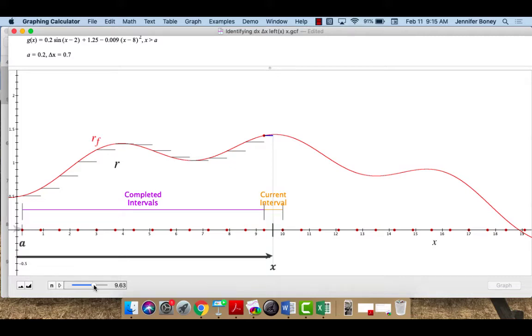I'd use the rate from the left side of that interval, just like you use the rate from the left side of every interval. And then I'm going to use each of those rates, except for the last one, for 0.7 units. So I multiply each rate times 0.7, and for all the completed intervals, that's just one big number.